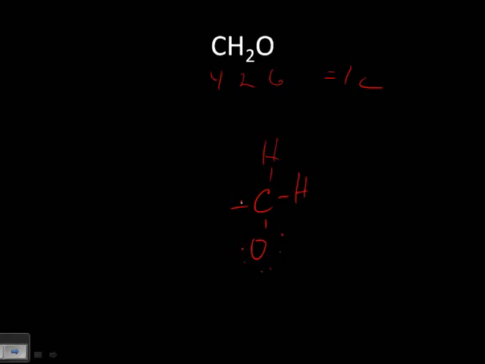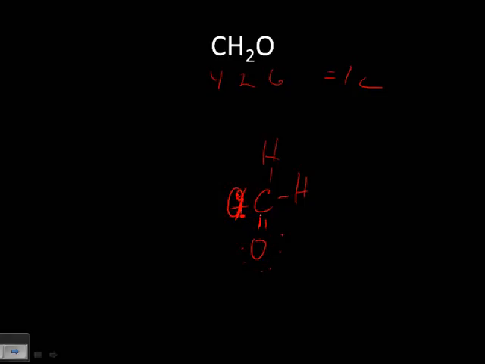This should be lone pairs. Okay, I got 2, 4, 6, 8, 10, 12, 14. I only got 12. So I'm going to get rid of these, which look messy anyways, and move it in here.